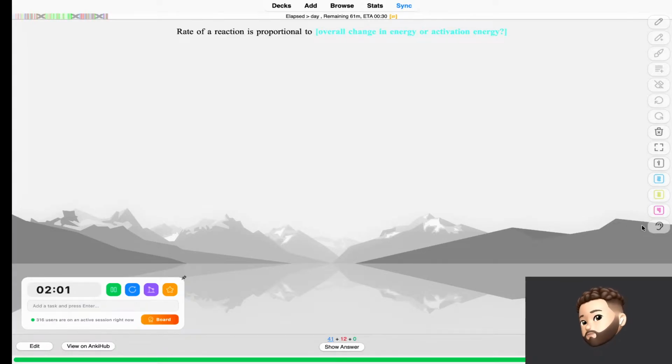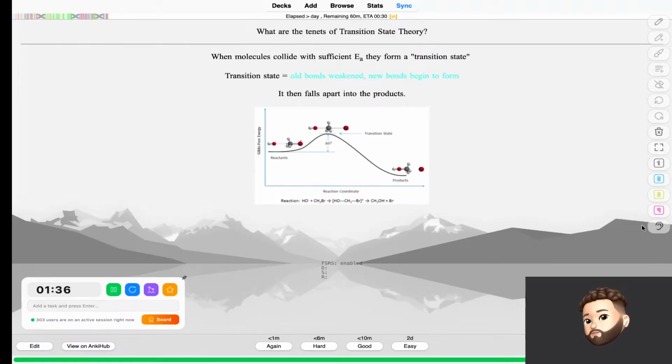Rate of a reaction is proportional to the activation energy. What are the tenets of transition state theory? When molecules collide with sufficient energy, they form a transition state.